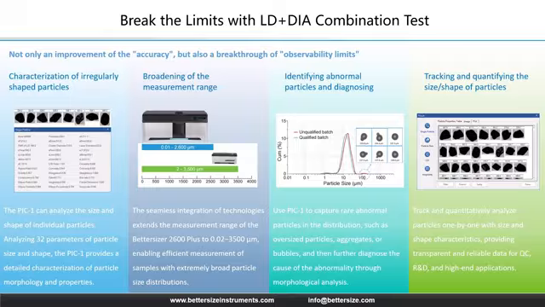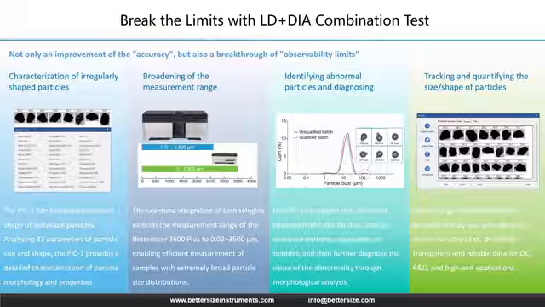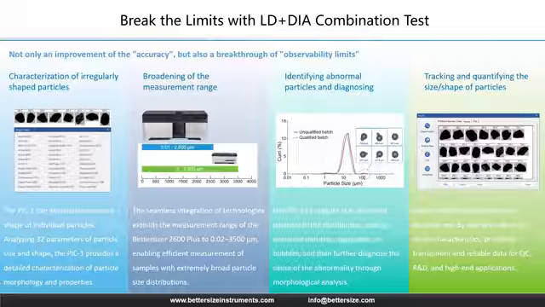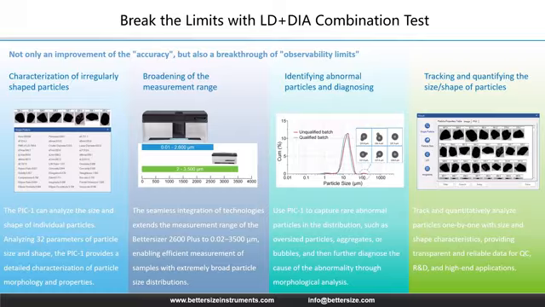The BetterSizer 2600 Plus does not just improve accuracy, it breaks this limit entirely. By integrating dynamic image analysis, we stop estimating and start measuring 32 distinct morphology parameters, including circularity and surface roughness, to capture the true nature of the sample.